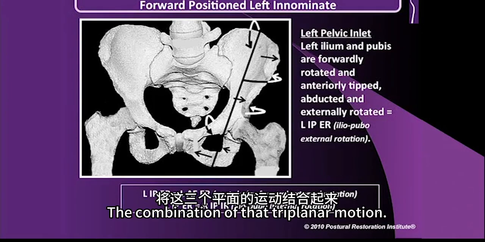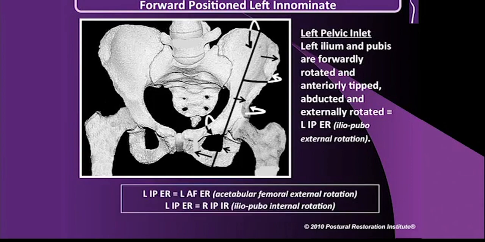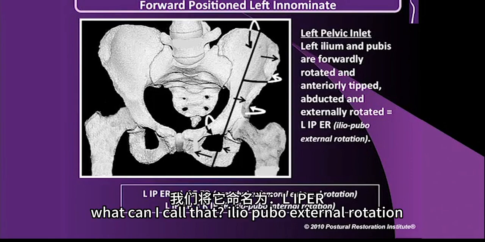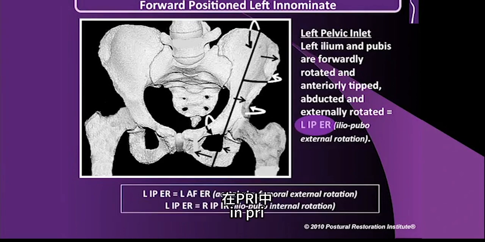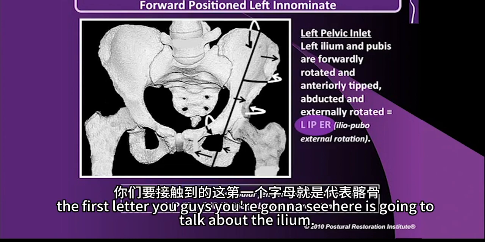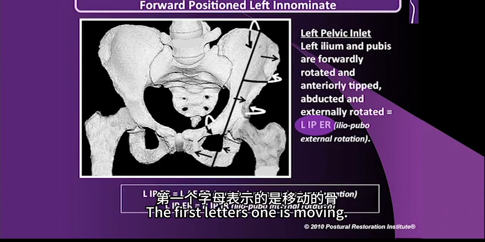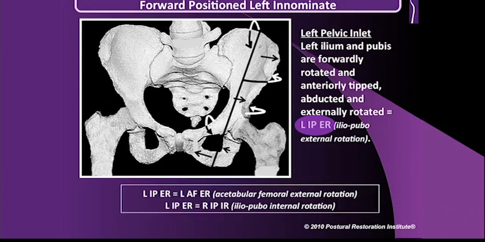The combination of that triplanar motion, we're going to call that iliopubo-external rotation. In PRI, the first letter you guys are going to see here is going to talk about the ilium. The first letter is what is moving.